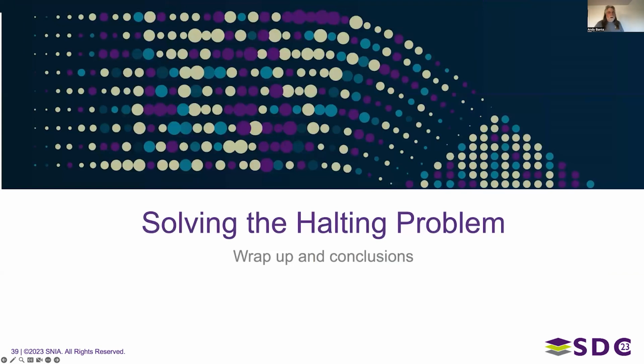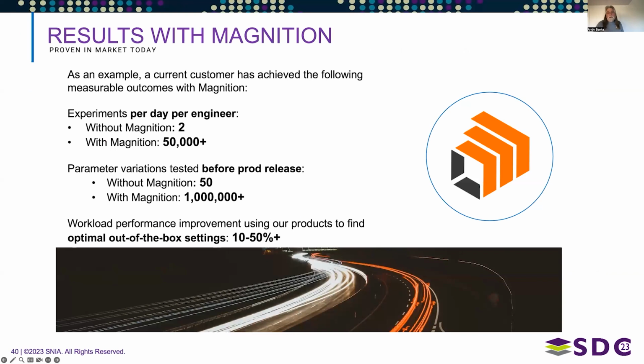So let's try to put a bow on this entire thing. As I mentioned earlier, Magnition has worked with a major vendor that's here at the conference. Before they started working with us, their performance engineering team was able to run about 2 experiments a day. By comparison, after they started working with us, they were able to run thousands of experiments a day.